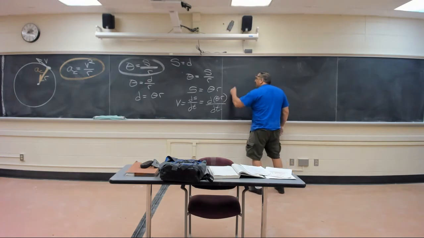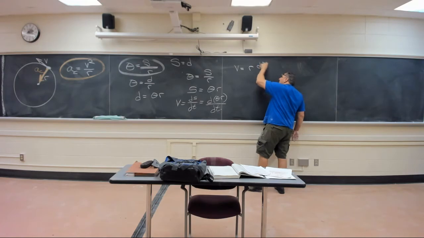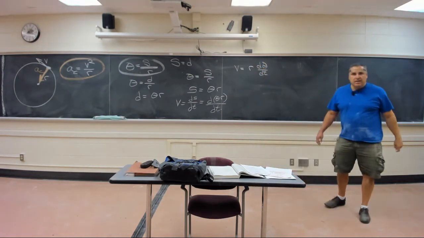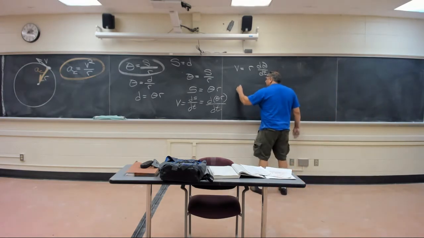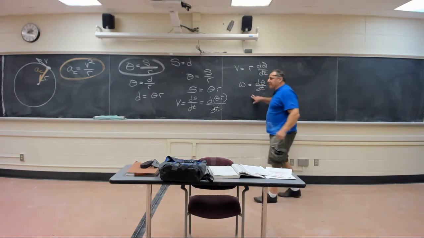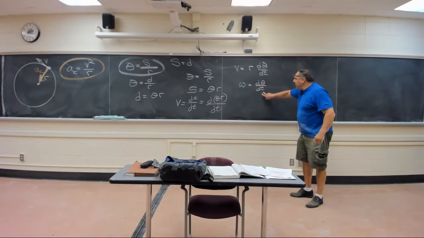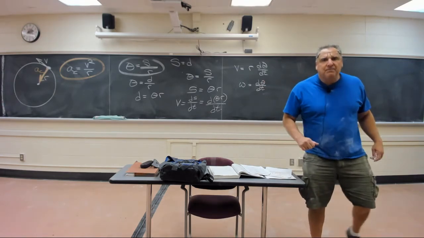R is a constant, so it's R d theta/dt. This d theta/dt looks like a W. It's the lowercase Greek letter omega. d theta/dt is angular velocity. This is radians per second, or revolutions per second, or degrees per second.